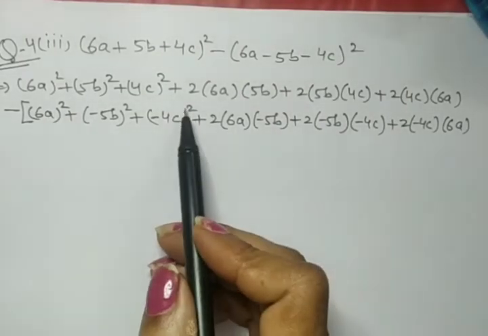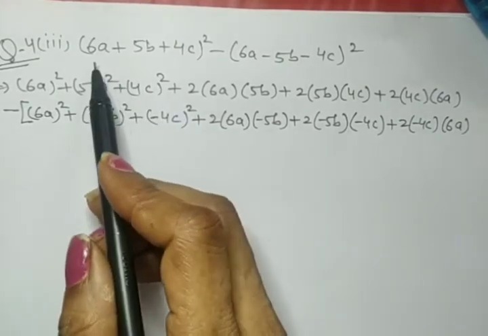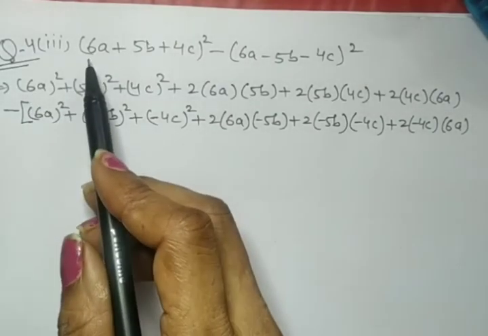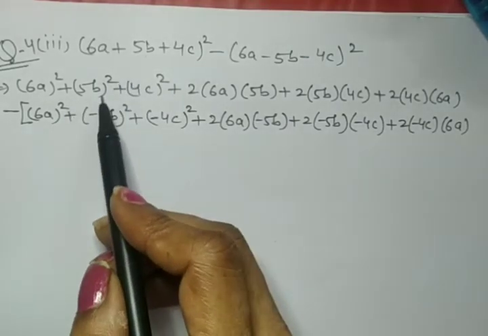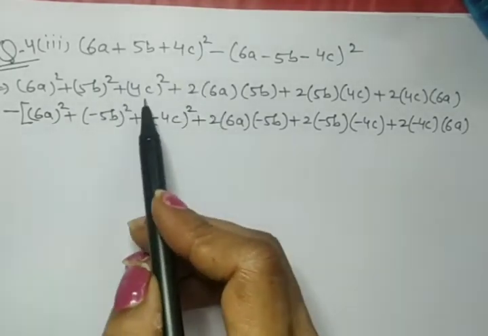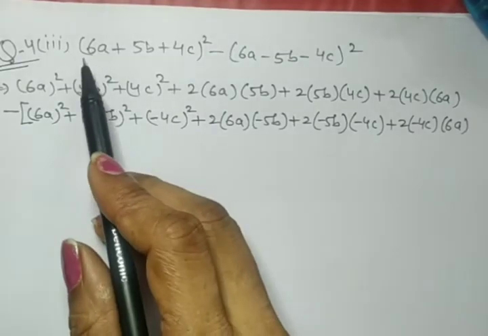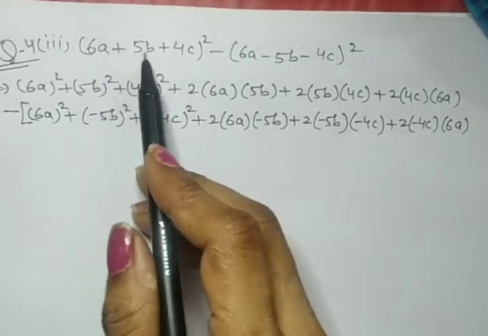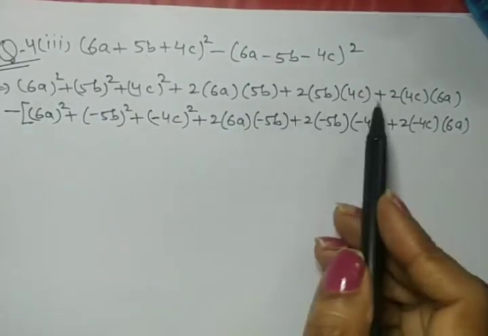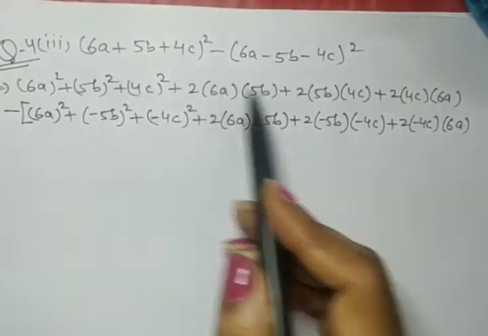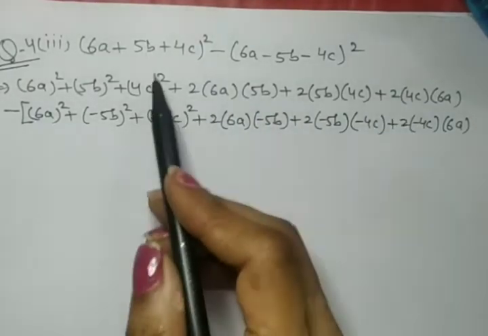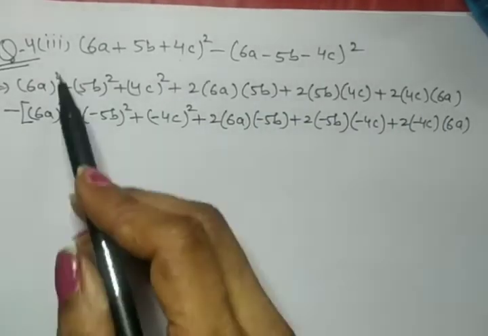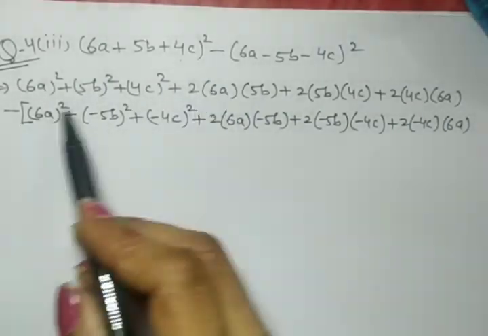This is the expansion of the trinomial a square, that is square of 6a plus square of 5b plus square of 4c plus 2ab, that is 2 multiplied by 6a multiplied by 5b, plus 2bc, that is 2 multiplied by 5b multiplied by 4c, plus 2ca, that is 2 multiplied by 4c multiplied by 6a, minus bracket start.